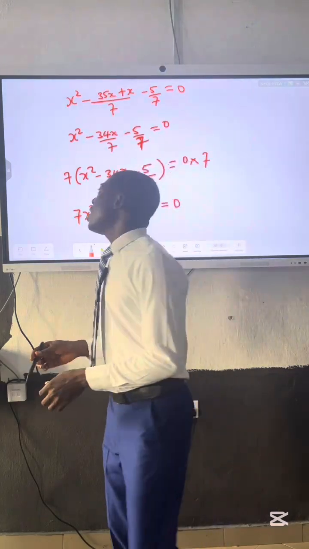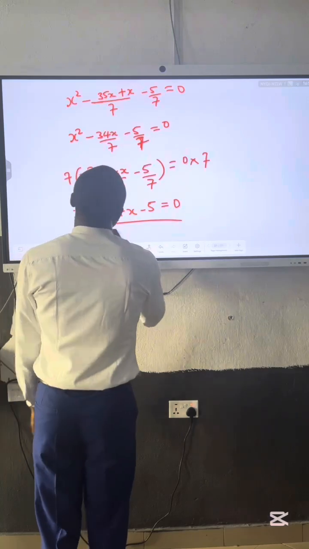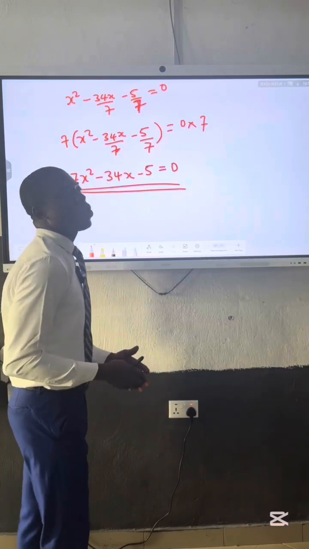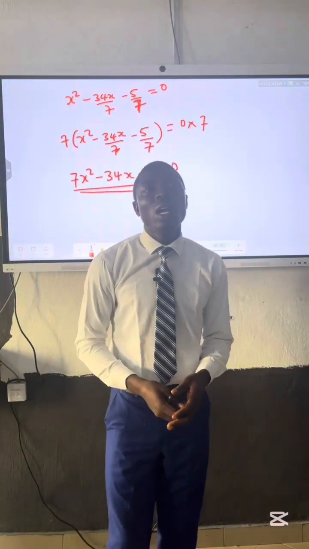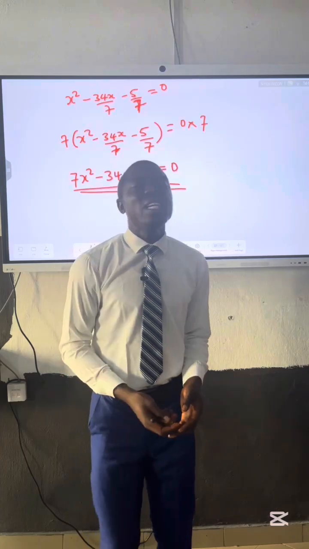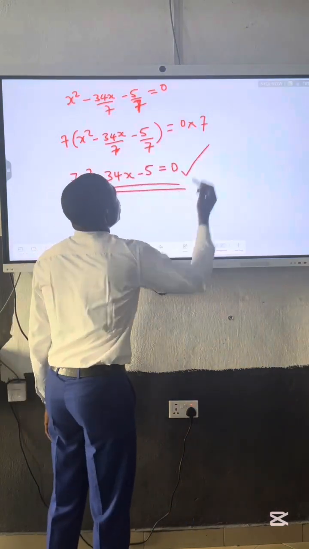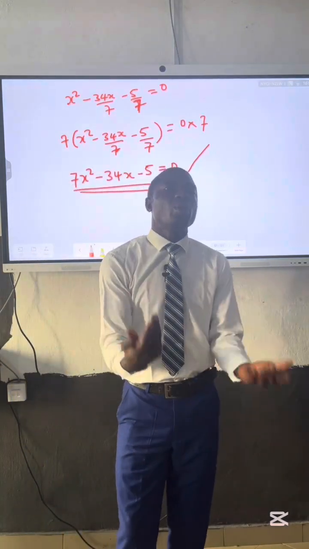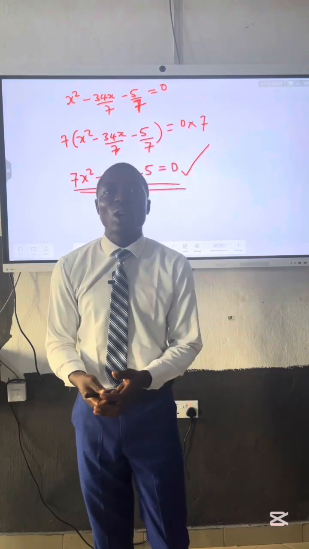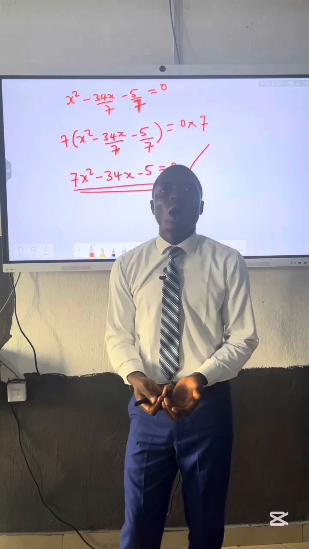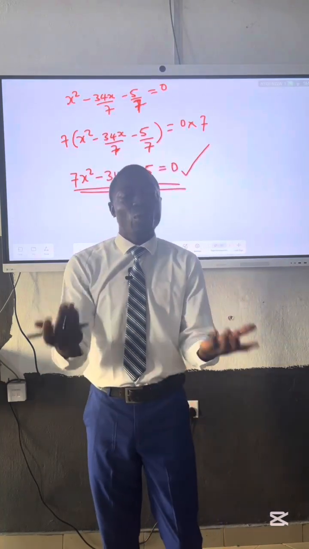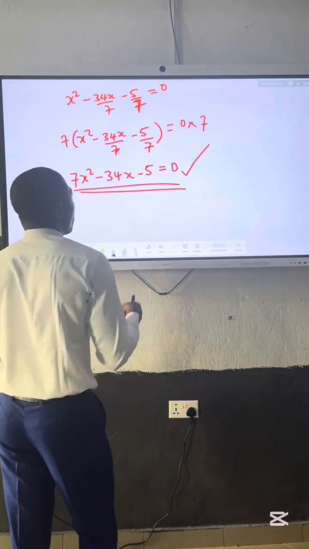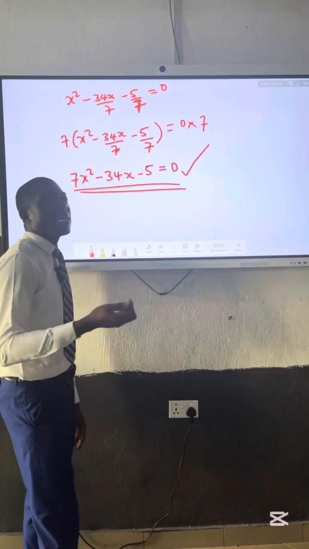Now, that means the equation, when you solve it, you will get the answer x is equal to negative 1 over 7 or x is equal to 5. This is now the equation that if you try to solve back using the factorization method, completing the square method, formula method, or maybe by the use of graph, when you are done, you will get back the roots.